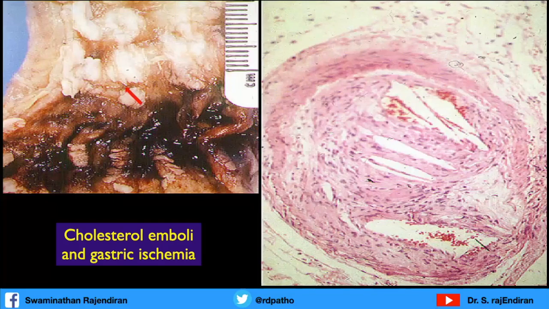Here there is another autopsy case, extensive ulceration and ischemic change with a hemorrhage. And when you take sections, the blood vessel showed nice cholesterol emboli. Again, clinical history is very important. Any dislodgement of the atheromatous lesions, so for example, carotid endarterectomy or abdominal aortic aneurysm repair, that history is very important for cholesterol emboli.